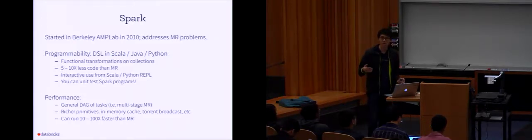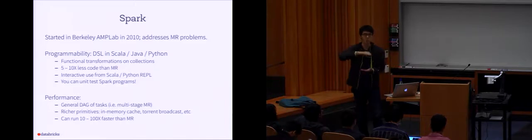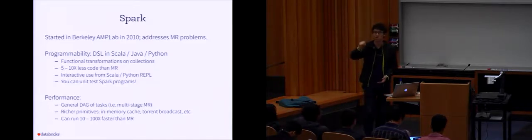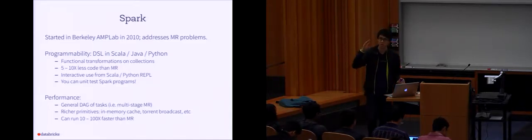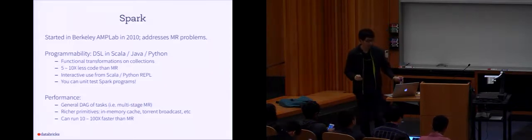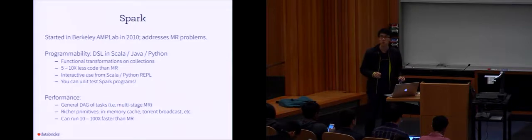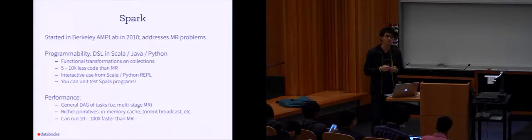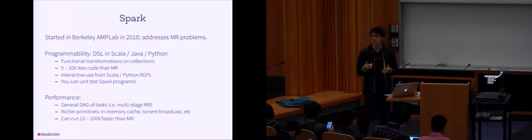People soon discover that Spark is a lot less boilerplate to write. So now if you have 10 steps of MR, you just write 10 map and reduce functions and pass them closures. You don't need to define a million classes. And you don't need to define how you pass data from one MR step to another. It's just data set transformations. And there are a couple other things that are kind of unique about Spark. One is you could, even in cluster mode, do interactive analysis based on a command line REPL for Scala and Python.